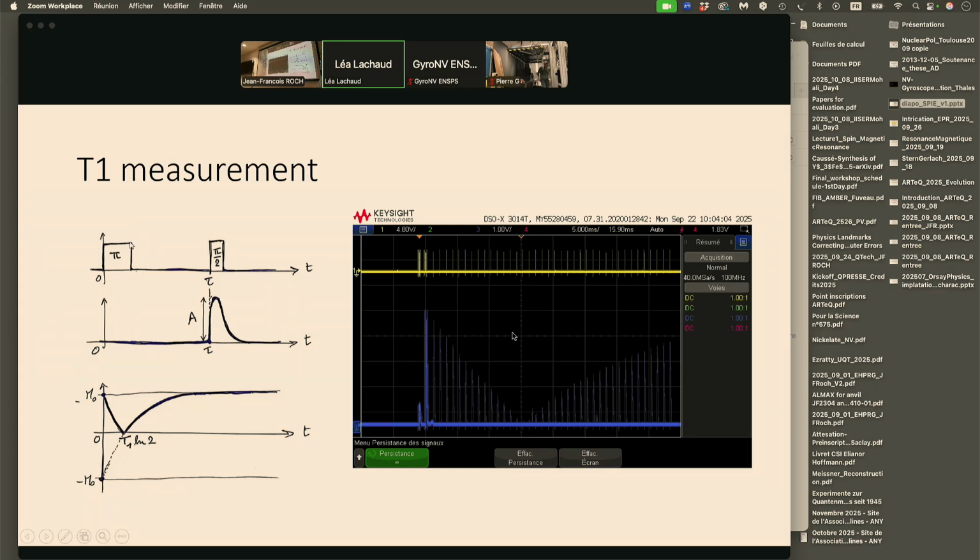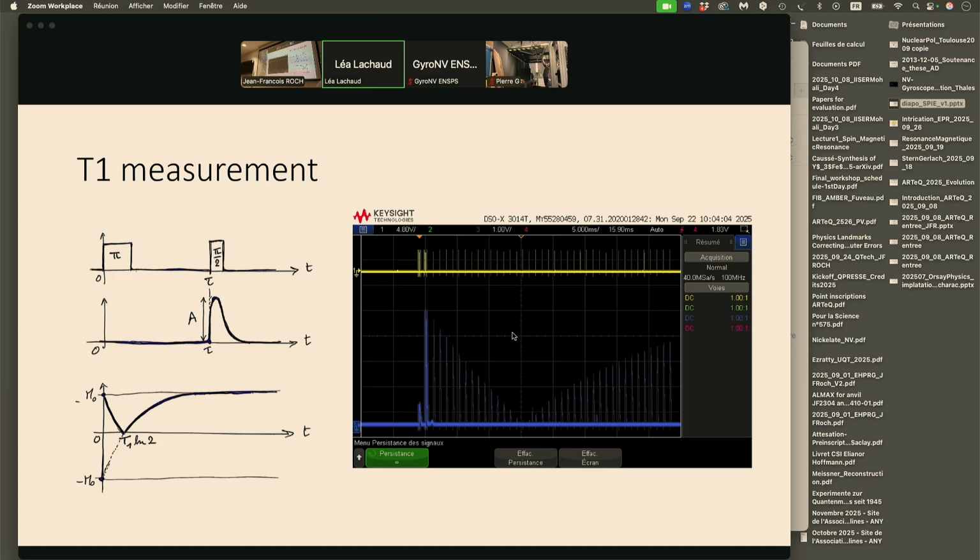And at the end of the pi pulse, when the B1 field stops, the spins start to relax. Okay, so they start to go back downstairs to the thermal equilibrium. They start to go back to the lower energy states, and this is done with a certain characteristic time, and this one we want to measure.